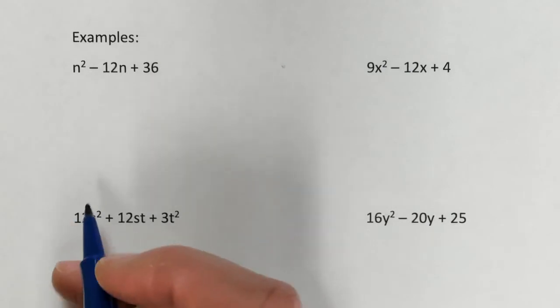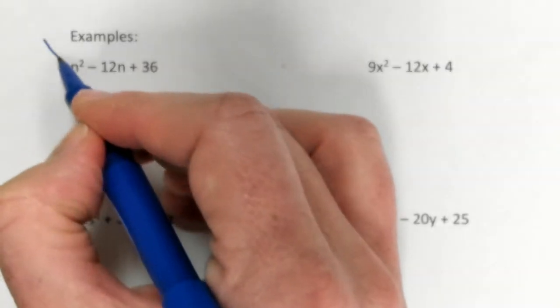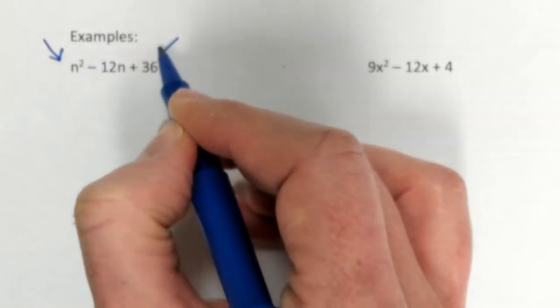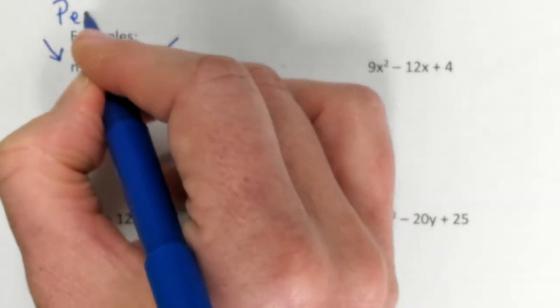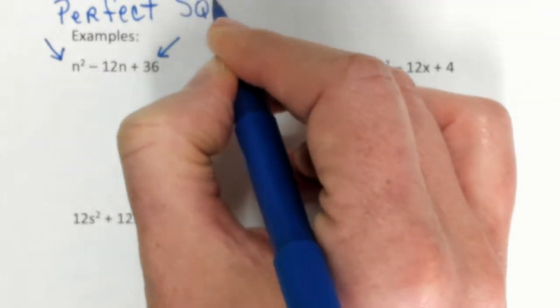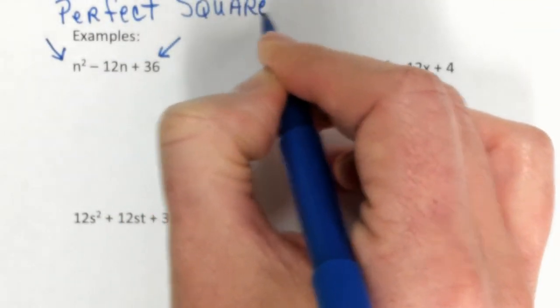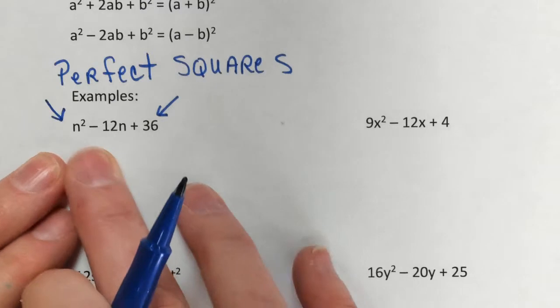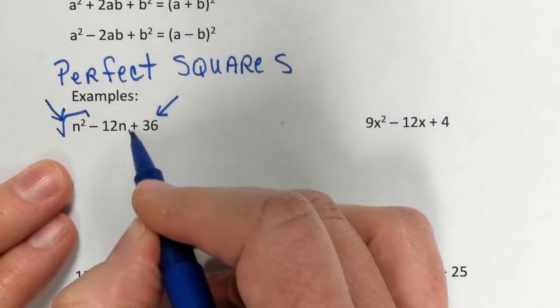The first thing that has to happen here is your first and your last term have to be perfect squares. You have to have perfect squares there in order for this rule to work. If we have perfect squares, we're going to take the square root of each one.